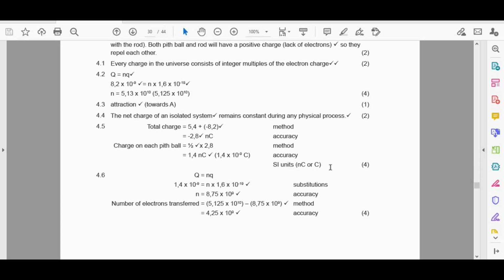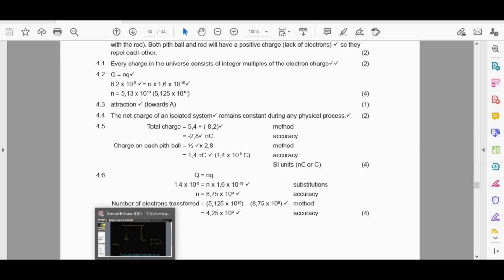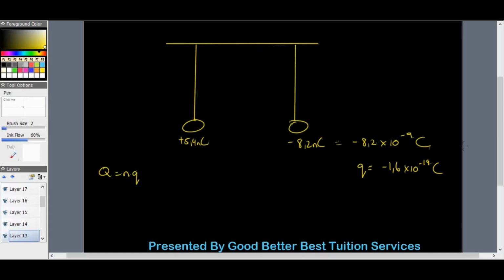Cool. Now for 4.2, this is my little drawing here. One sphere is positive, and one sphere or ball is negative. Of course, we have our formula Q equals nQ or nE, whichever one, it doesn't really matter.